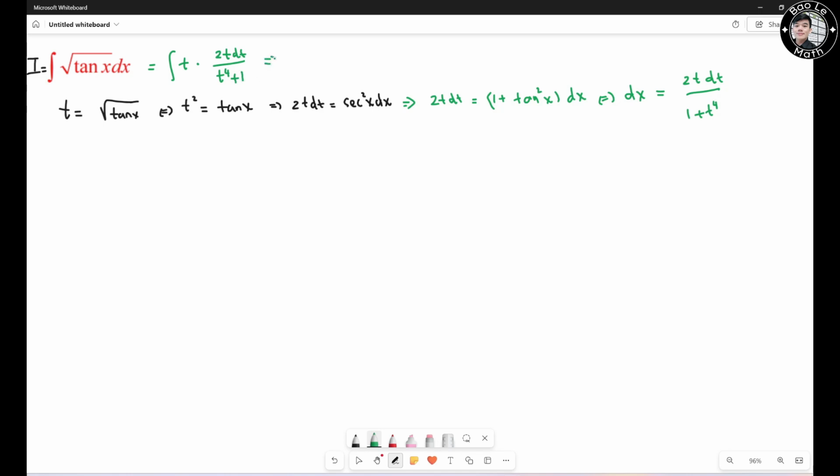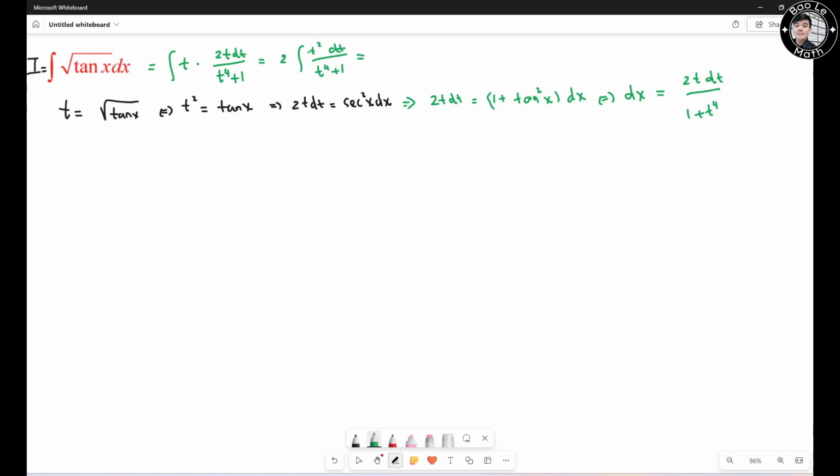I simplify this, so it turns out to be 2 times the integral of t squared dt over t to the 4 plus 1.